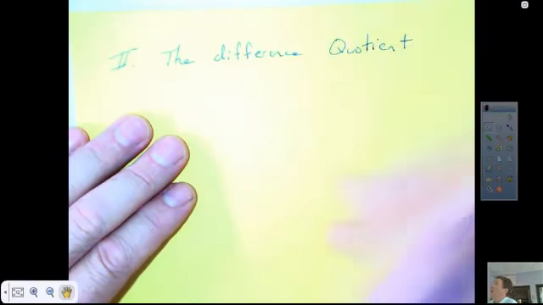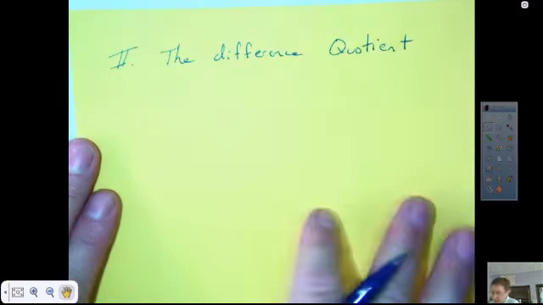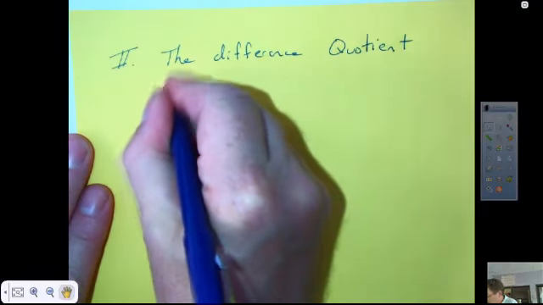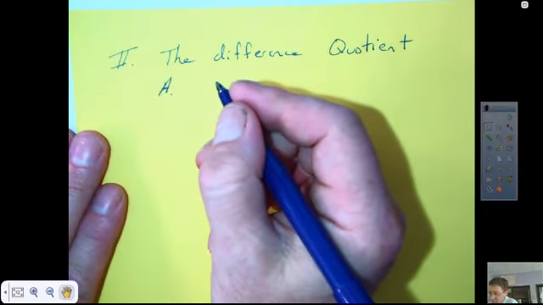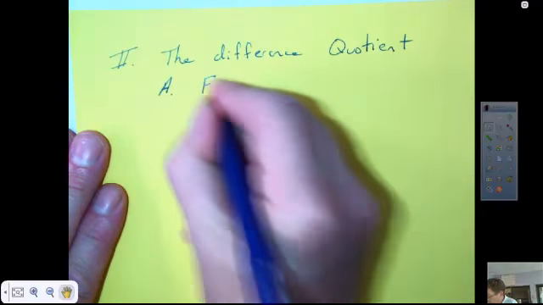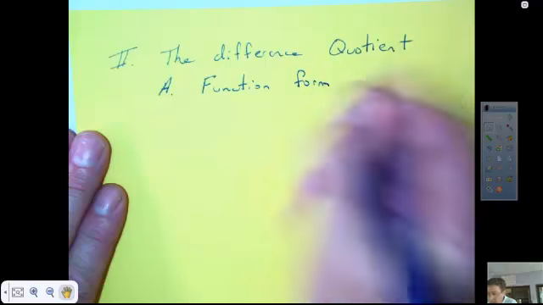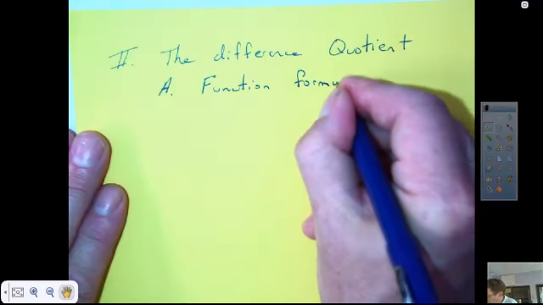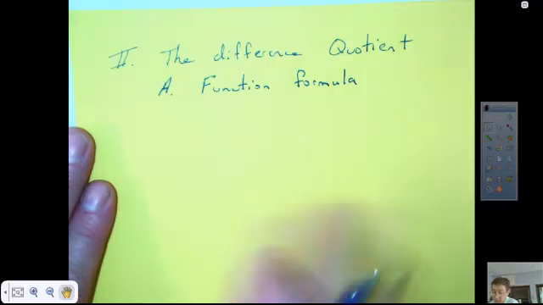Alright, the difference quotient. The reason this is in this section is that it's really an application formula, a function formula. The biggest reason we cover it is that it has applications largely in calculus.